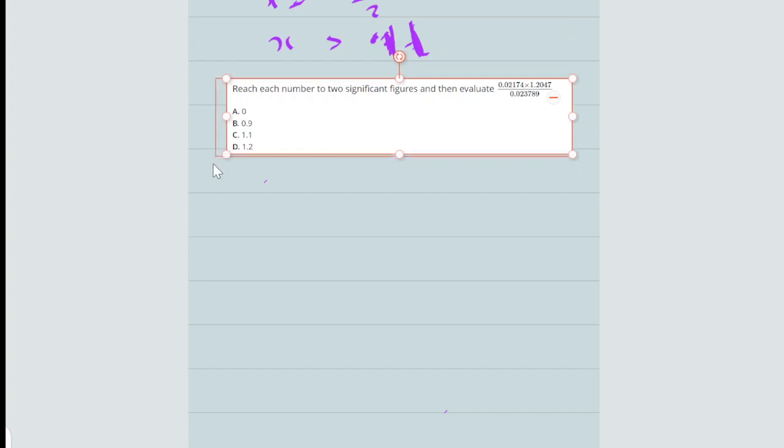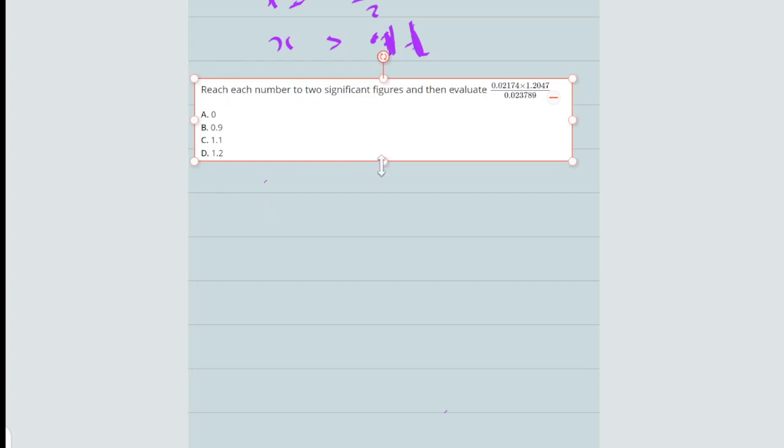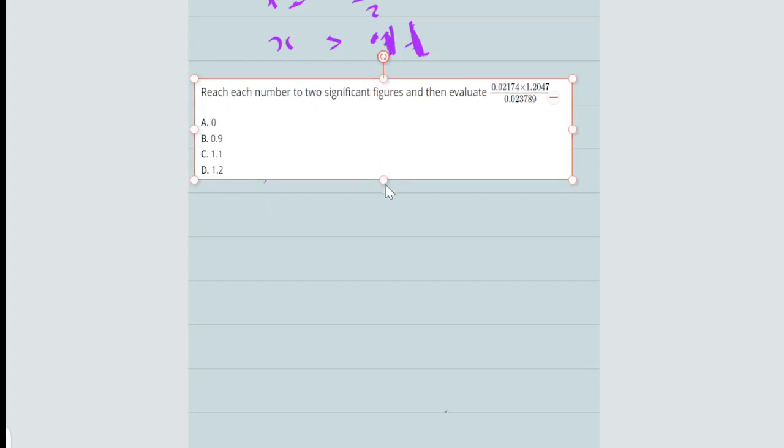When we say significant figures, what are significant figures? Significant figures are non-zero figures. So when you are asked to convert a number to a particular number of significant figures, it means you have to find the first two non-zero figures. For example, if I have 0.3145 and I'm asked to convert this to two significant figures, I must have the first two non-zero figures.